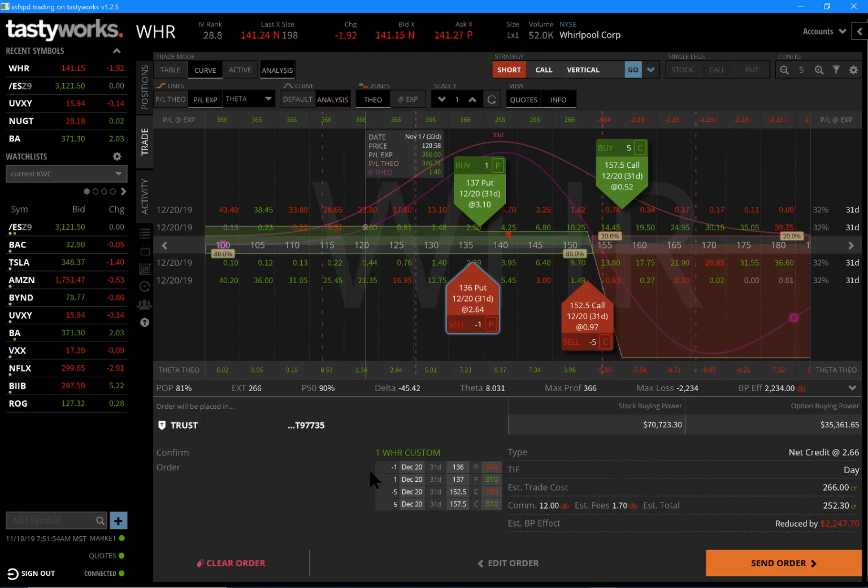Now, once again, as I always say, it does depend on the trading platform that you are trading on. You may need to do these trades in 2 separate trades. You may need to do the calls in one trade, and the puts in another trade.